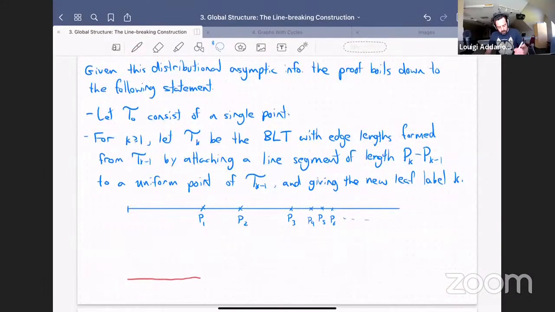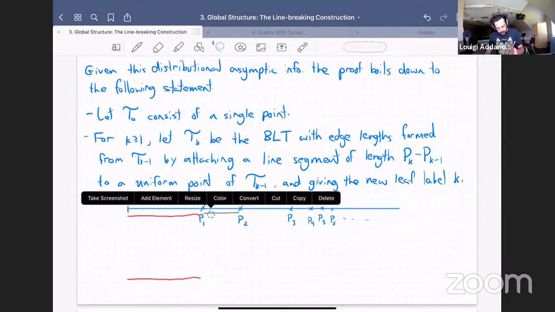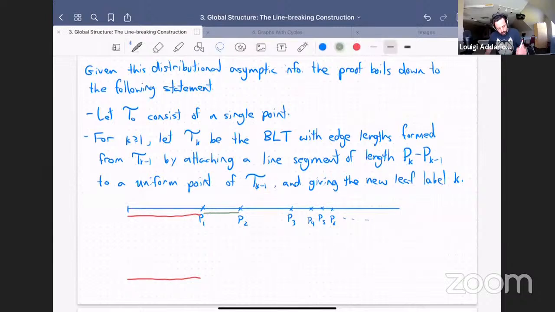This is T_1, and I should really add a leaf at the end with label 1.